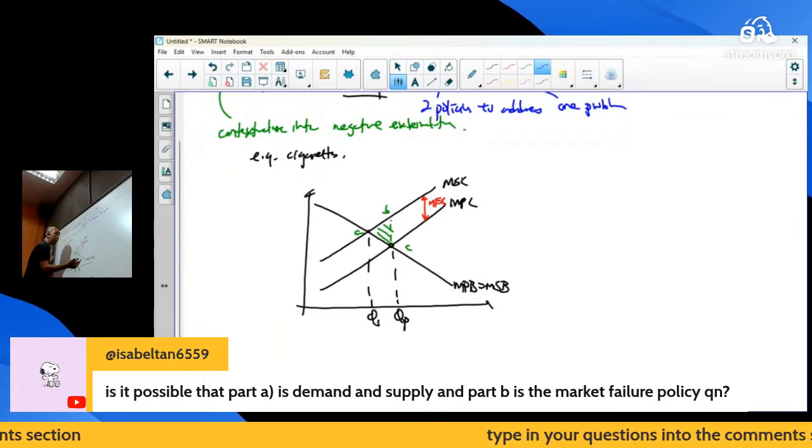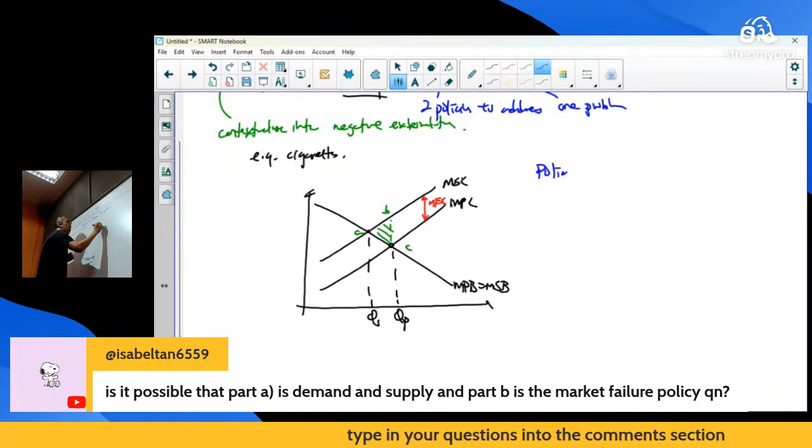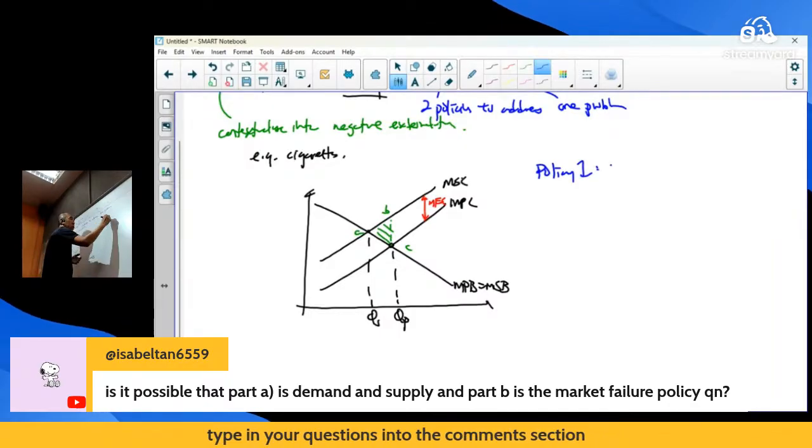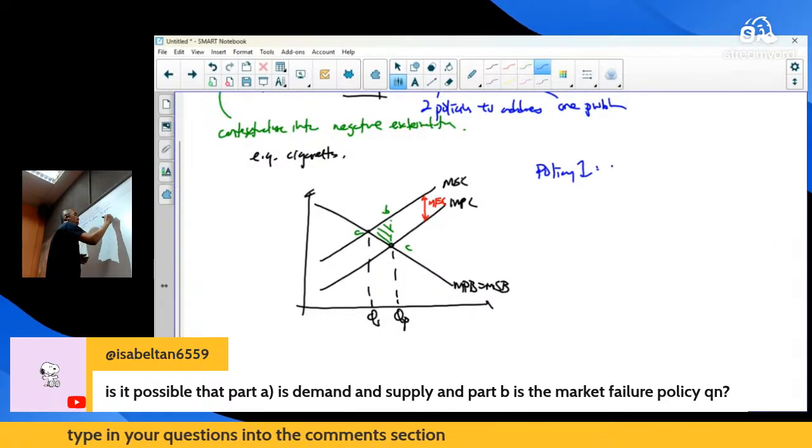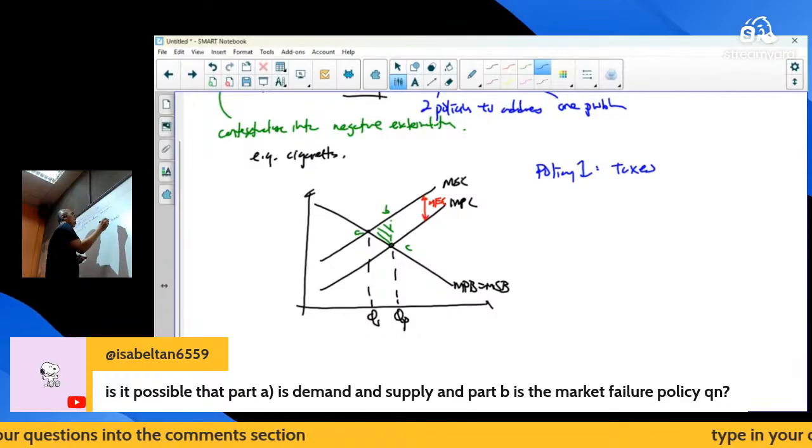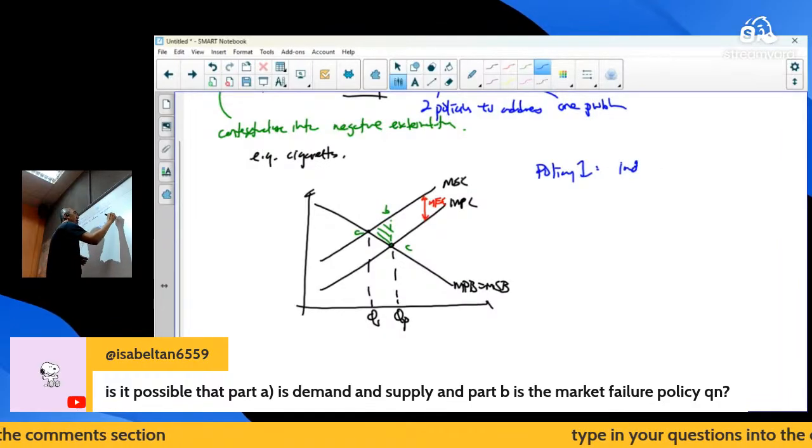Now, what are the policies that you can choose? Policy 1 would be taxes, or rather more specifically, indirect taxes.